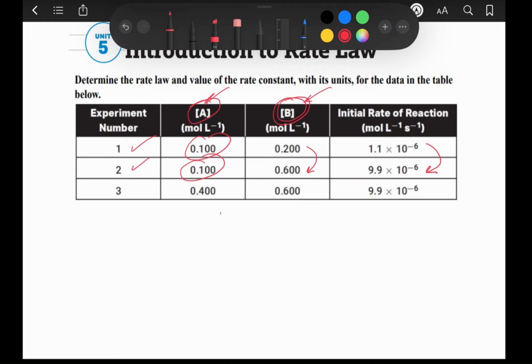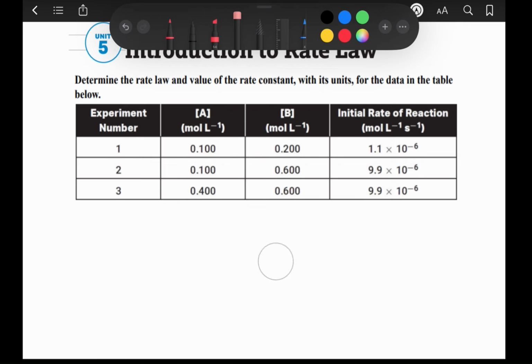So since it's tripled and the rate increased by a factor of 9, then for sure the power of B is 2. It's increased by factor 3, and here it's increased by factor 9.